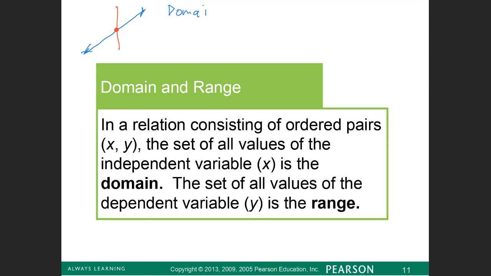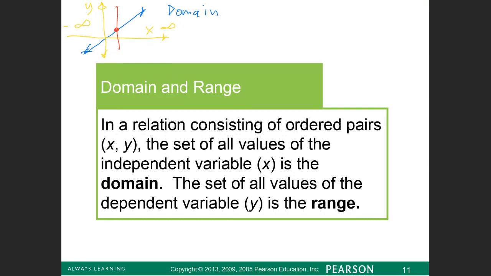Our answer for the domain is the x values for this line. And remember, this is a continuous line. So if I draw the rectangular coordinate system again, this is our y axis and this is our x axis. Going to the right, the highest value for the positive values of x would be positive infinity. And going to the left, it's negative infinity.